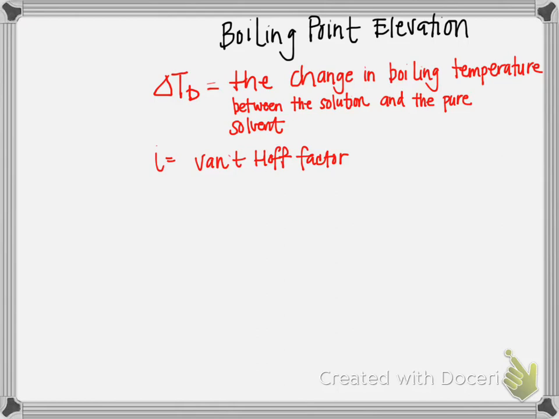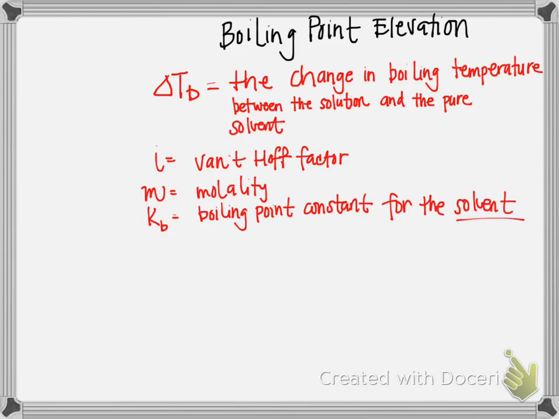If it's a non-electrolyte as your solute, then i is going to equal 1. Now m is molality, so make sure the italicized m is, you're calculating it for molality. And then KB, K sub B, is the boiling point constant for the solvent. So the boiling point constant is something that you're going to look up in the book, or they're going to give it to you. Possibly you can calculate it if they give you all the other variables.